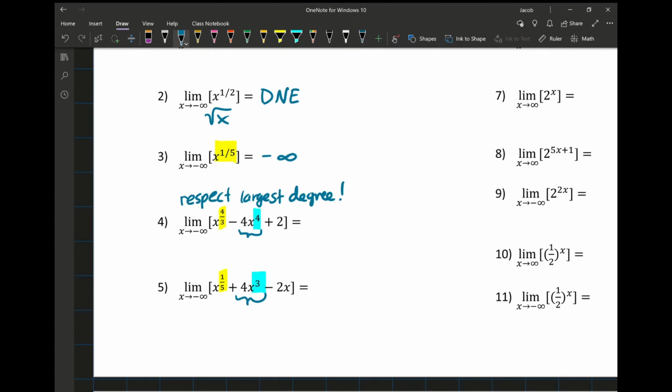So this is a negative, even, power polynomial, so I can draw the ends of it, and if we're going towards negative infinity in x, then we're going towards negative infinity in y.